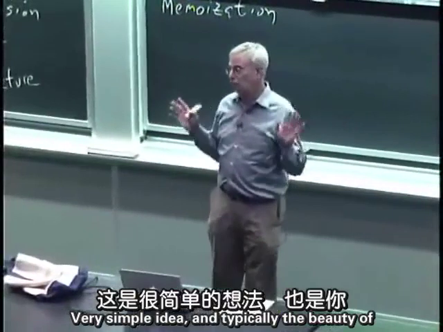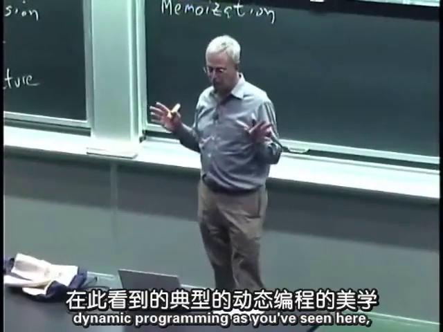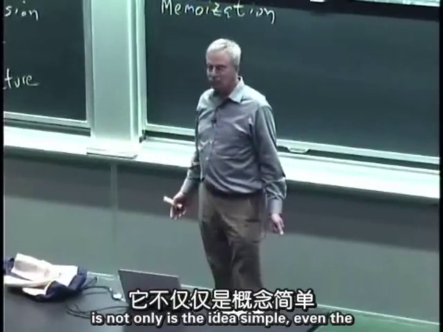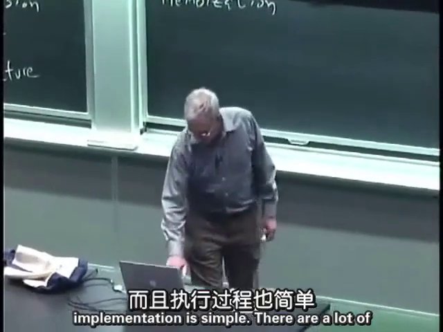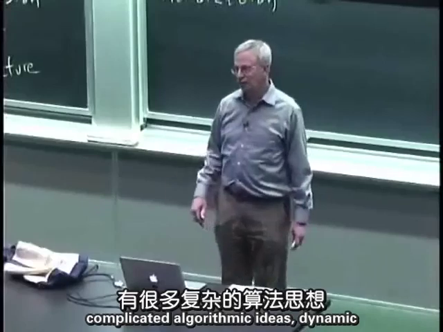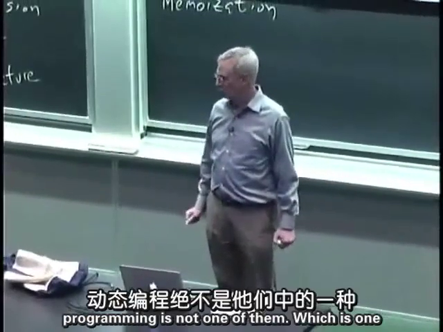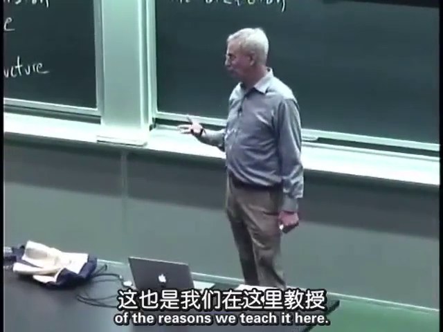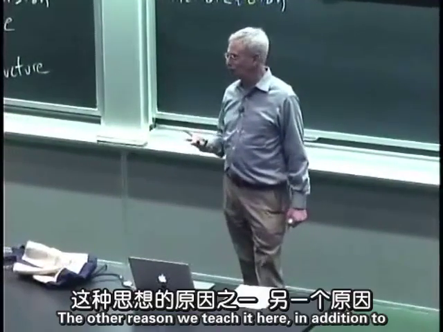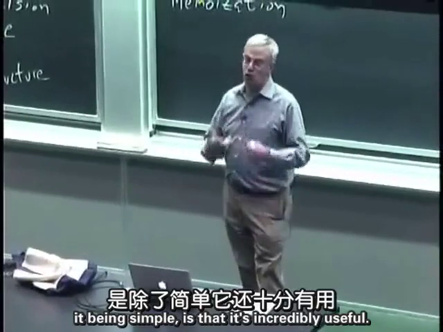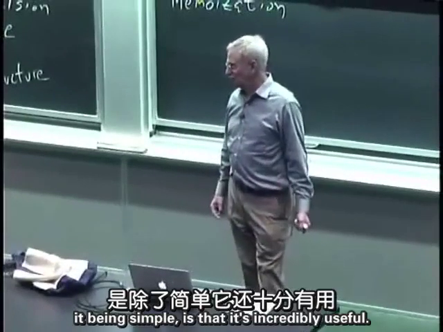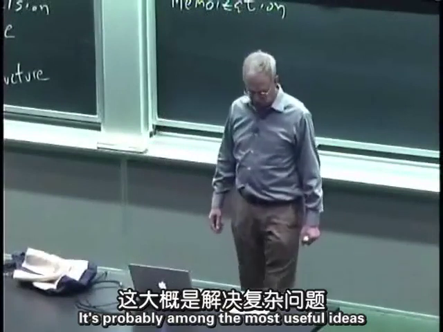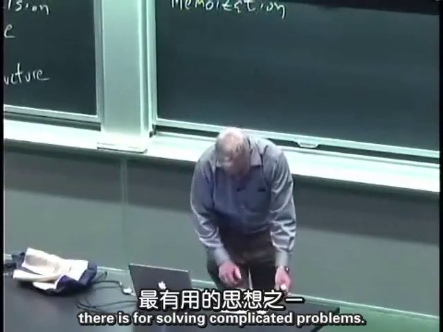And typically, the beauty of dynamic programming, as you've seen here, is not only is the idea simple, even the implementation is simple. There are a lot of complicated algorithmic ideas. Dynamic programming is not one of them, which is one of the reasons we teach it here. The other reason we teach it here, in addition to it being simple, is that it's incredibly useful. It's probably among the most useful ideas there is for solving complicated problems.